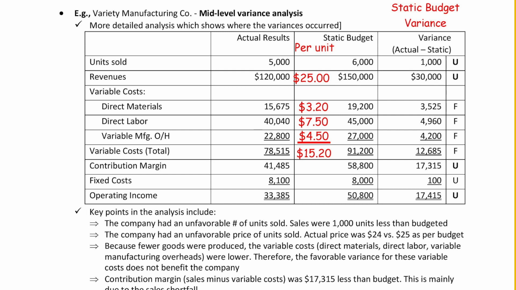Looking at fixed costs, they would remain fixed irrespective of the level of production. That is why we don't need to calculate fixed cost per unit. We know it's fixed at $8,000 in this example.